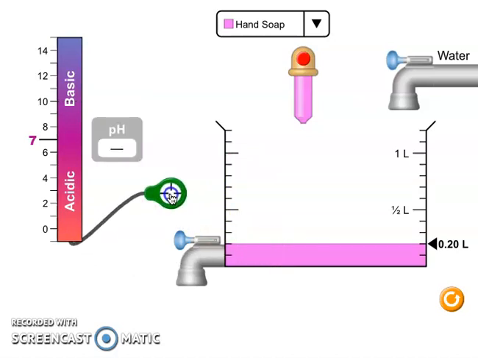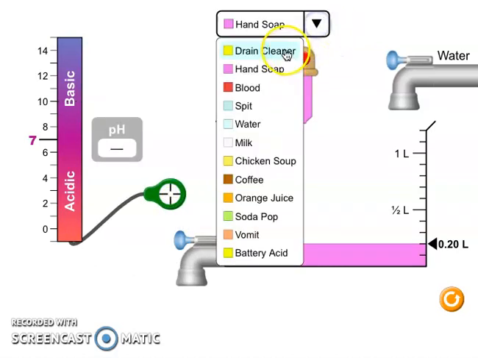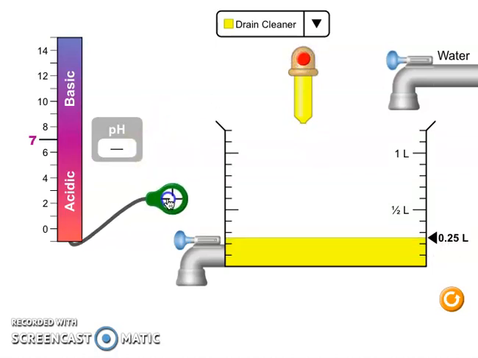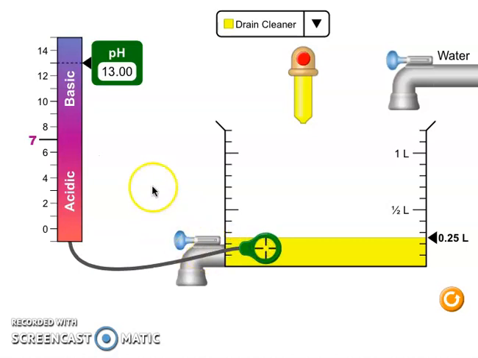And when we compare it to drain cleaner, which is a very, very strong base, can you think what might be the pH number of a very, very strong base? Do you think it might be 14 or do you think it might be 8? Okay, so the pH of a strong base is pH 13. So the further you are away from neutral, the stronger you are as a base. The further you are away from neutral, the stronger you are as an acid, down toward the zeros.